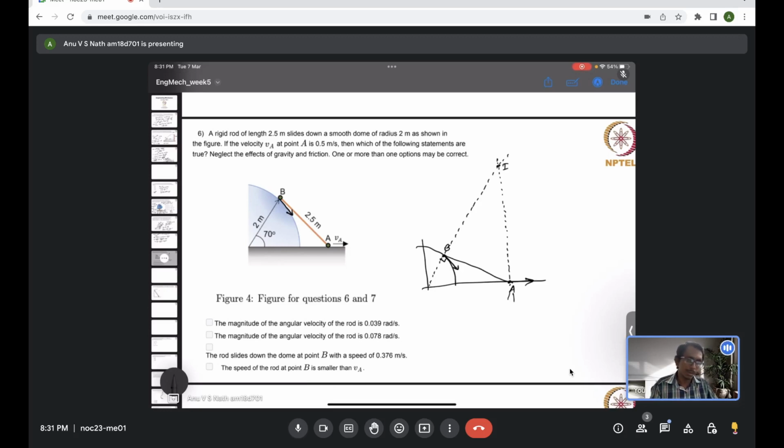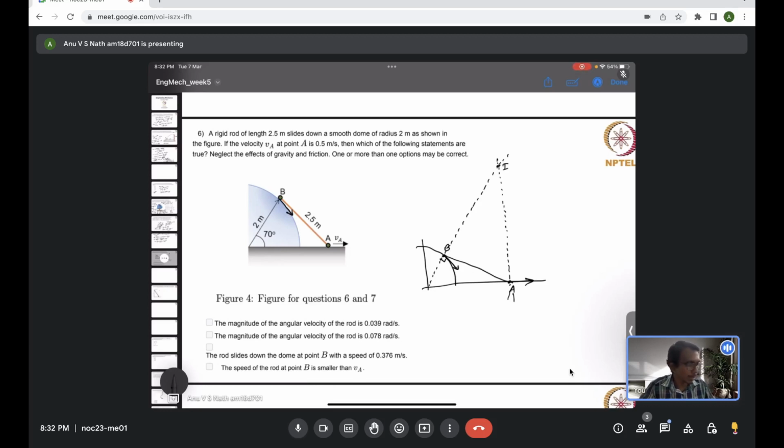Now B is also a point on the same link AB. The direction of the velocity vector at point B, because the point B is actually trying to move along the curved path, should be tangent to that curve. Now if you extend the normal to that velocity vector, it's going to meet at a certain point I.